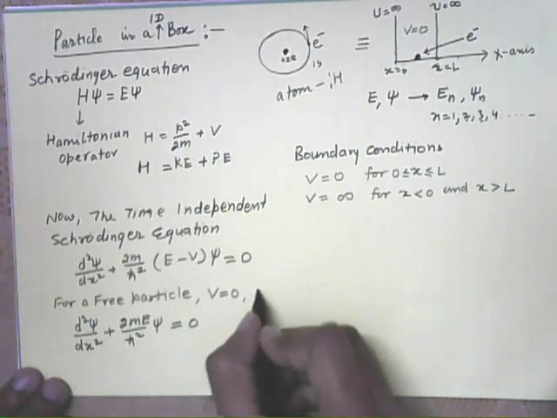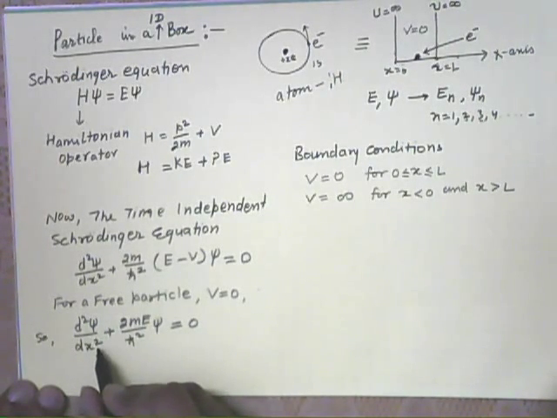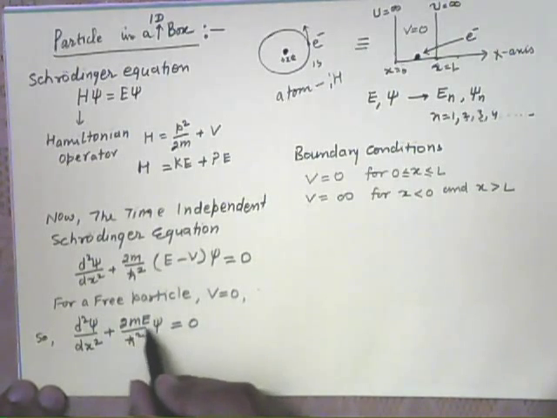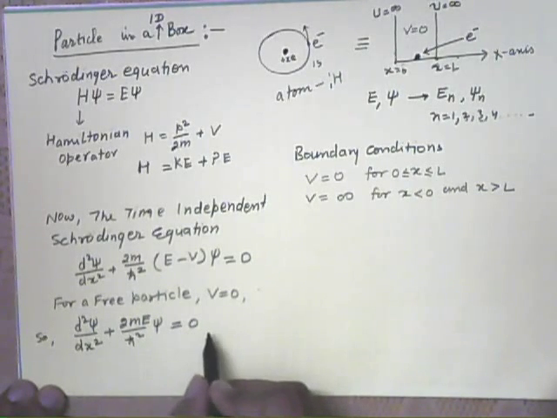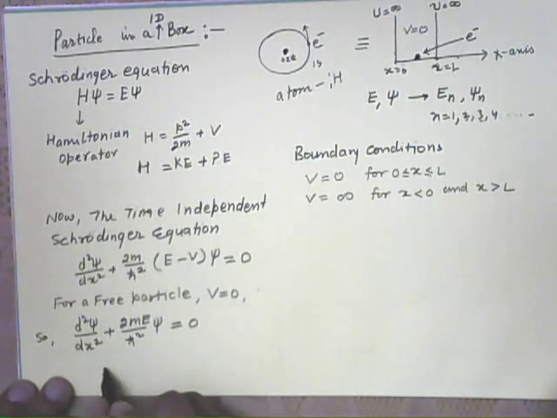So you have d2 psi upon dx square plus 2mE upon h cross square psi is equal to 0.